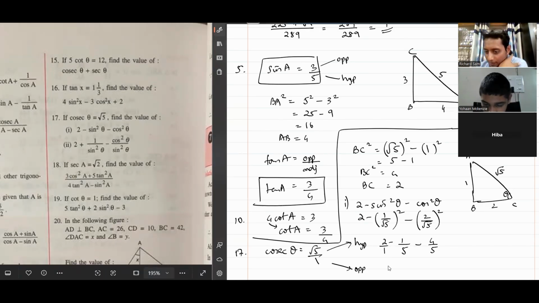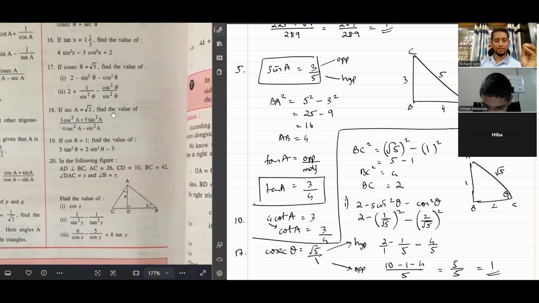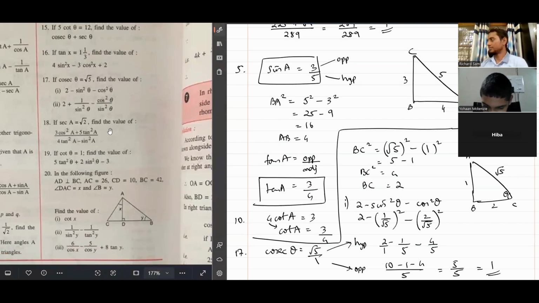So into 5, that will be 10 minus 1 minus 4 whole divided by 5. That's 5 upon 5, which is 1. So this is somewhat like the hard type of question from exercise A. Are you clear with it? Doable, right? Okay, write this down.